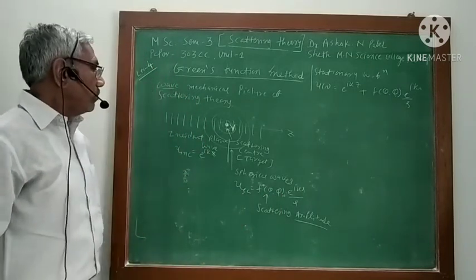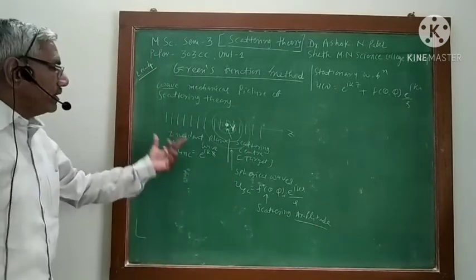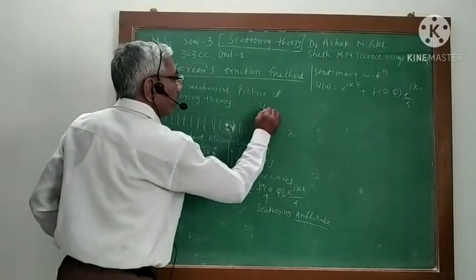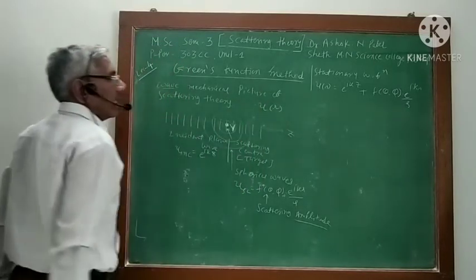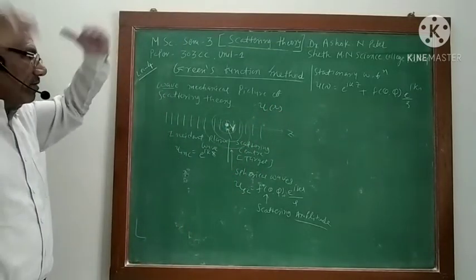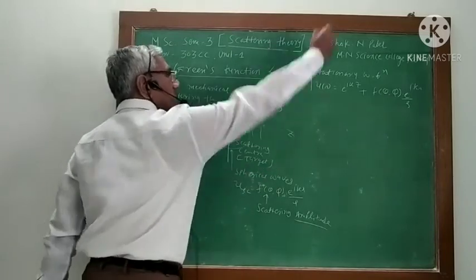Now the resultant wave, the combination of the incident plus scattered wave, becomes the wave at large r. Suppose r is very large, meaning you are very far from the scattering center.